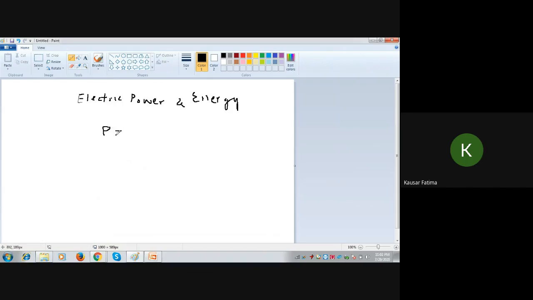P is equal to V into I, and power is energy upon time. So energy is equal to VIT.